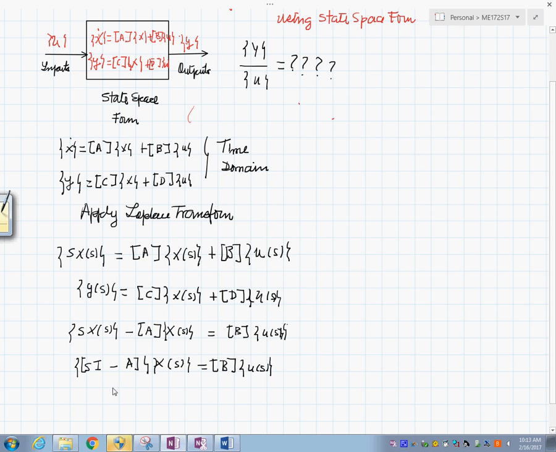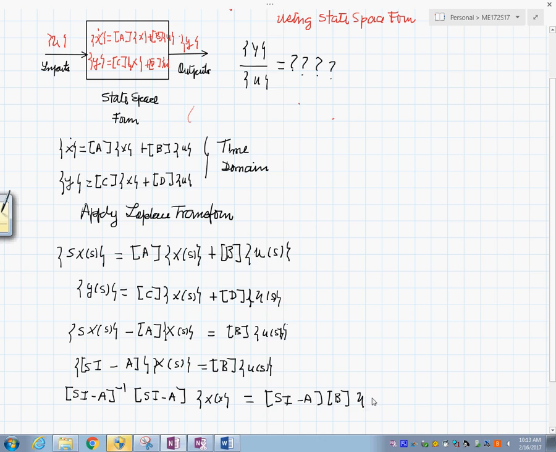Okay, now if we multiply by the inverse, (sI minus A) inverse times (sI minus A) times x of s would be equal to (sI minus A) inverse times B, right?